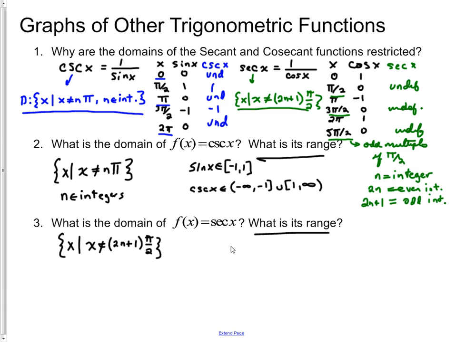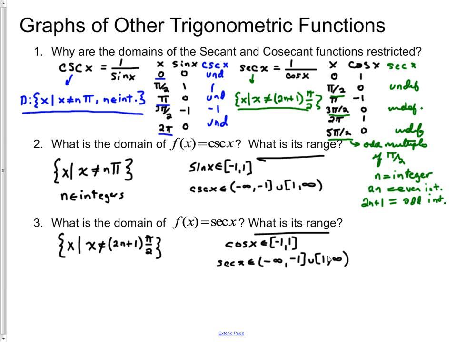And it works exactly the same way for secant, right? Since cosine is the kind of function that has a range between -1 and 1, just like sine does, then we're going to see that the secant of x is going to have a range also outside of that interval from -1 to 1. So -infinity to -1 union with the set from 1 to infinity.